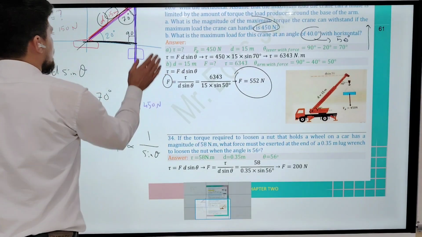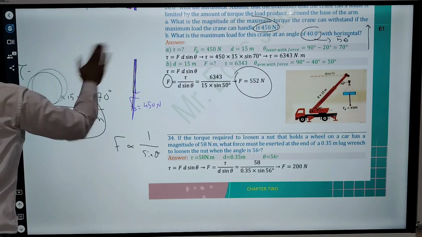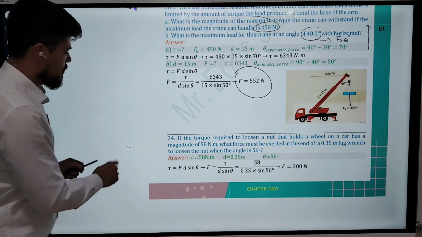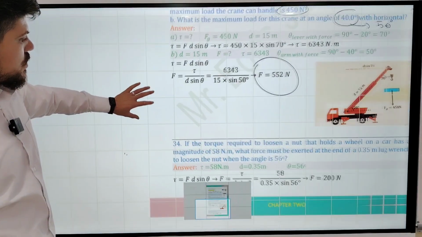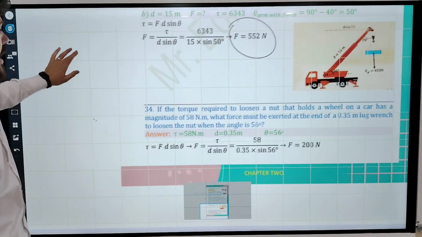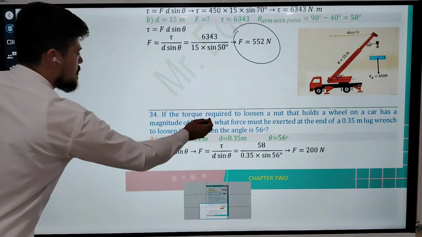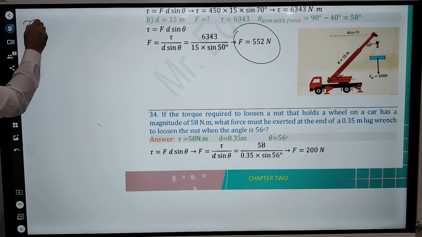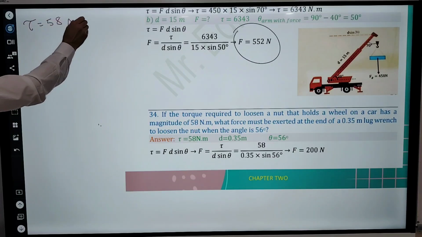Question 34. In the chapter review, the torque required to loosen a nut that holds the wheel on a car has a magnitude of 58 Newton meter. What is this? This is torque, 58 Newton meter.